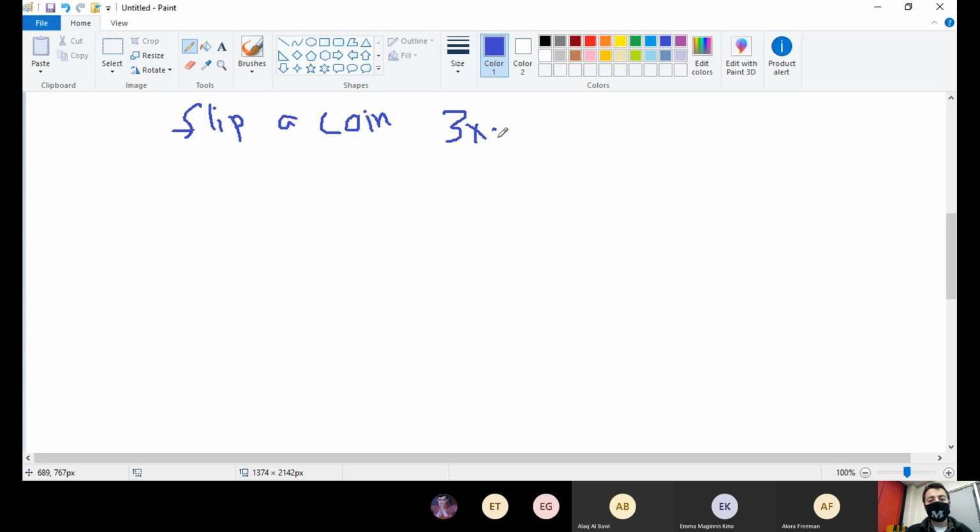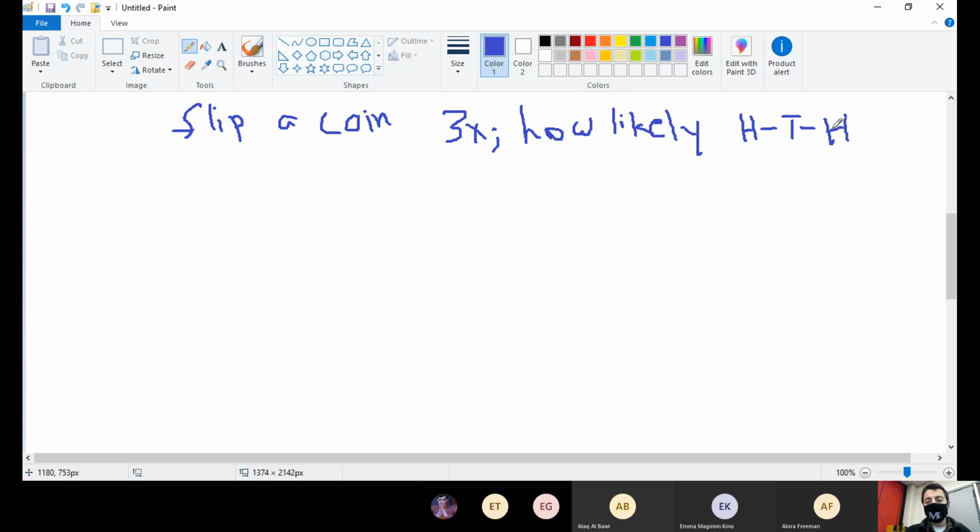How likely will I get heads on the first one, then a tails, then a heads?